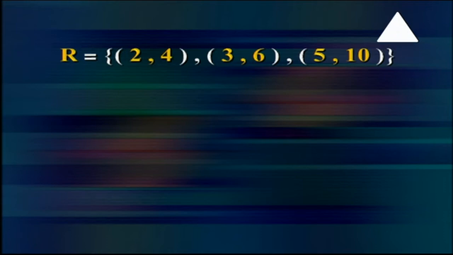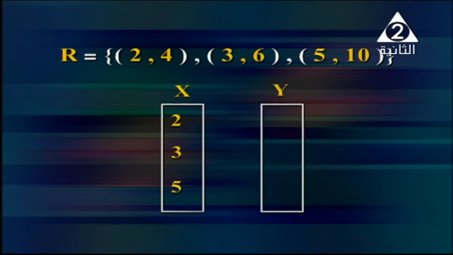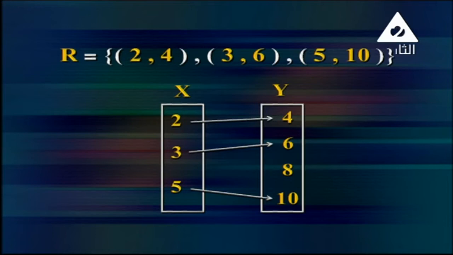How can you represent it by arrow diagram? Yes, the values of x are 2, 3, and 5. Values of y will be 4, 6, 8, and 10. And then we are going to draw an arrow from 2 to 4, from 3 to 6, from 5 to 10. Now look carefully. Is this relation a function or not?